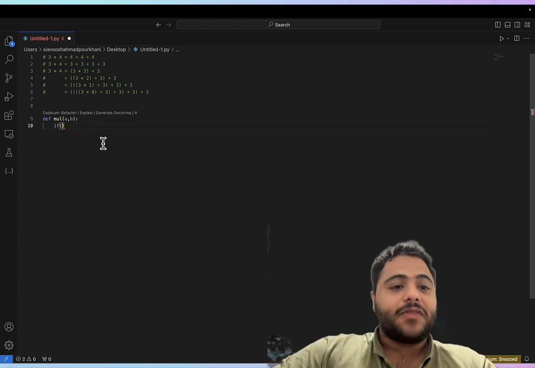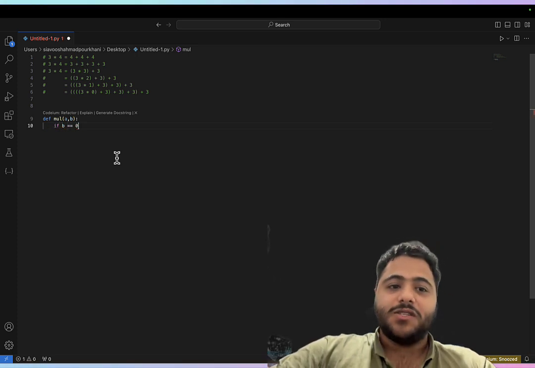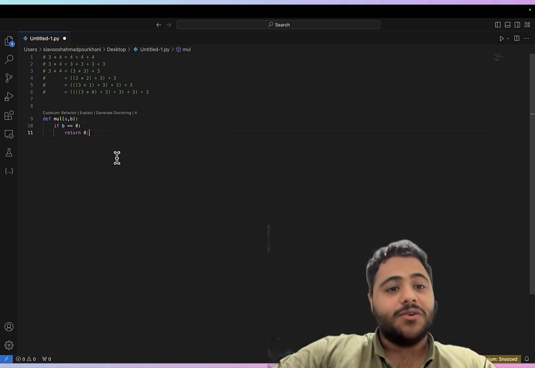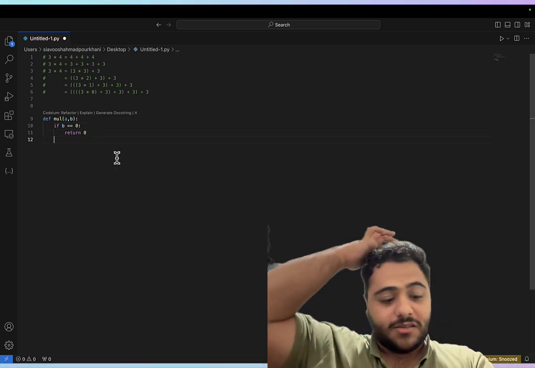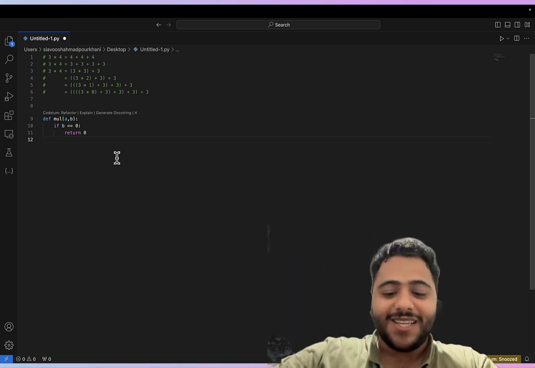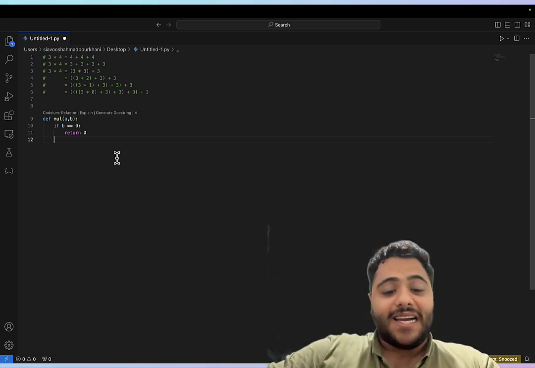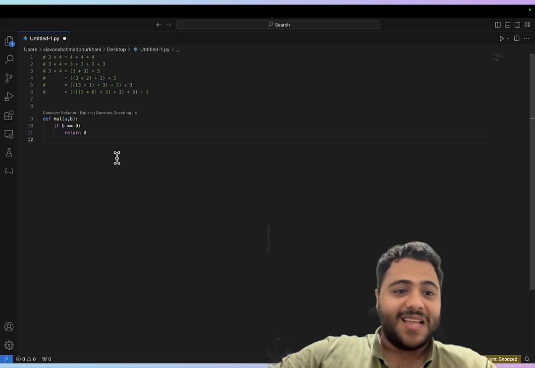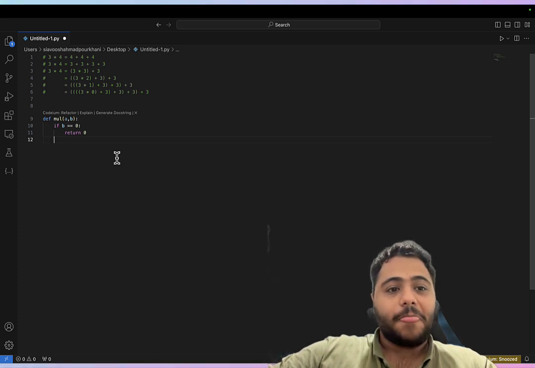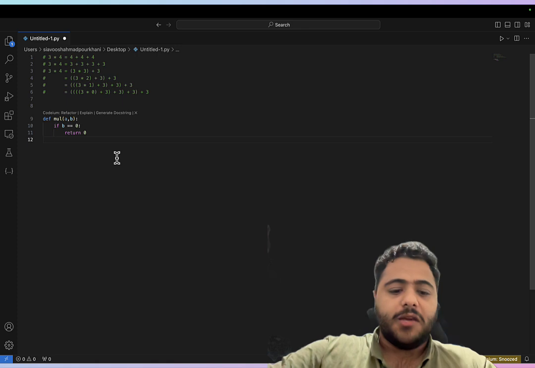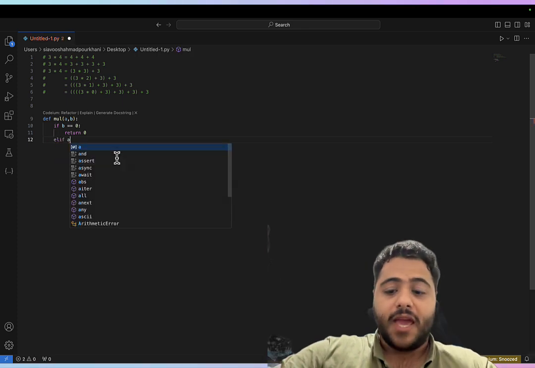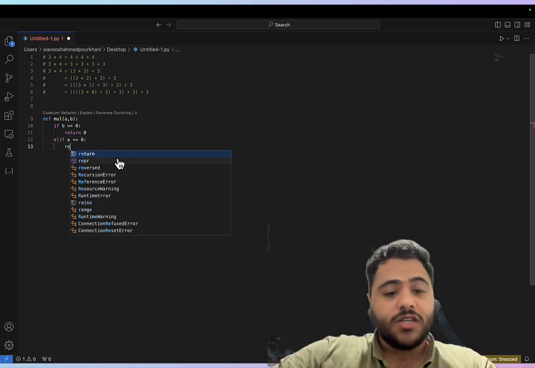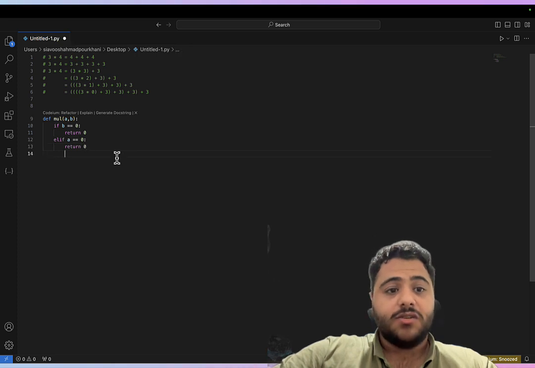If B equals 0, then the response of this multiplication is 0, so we're going to return 0 without any semicolon. Sorry, I have done a lot of PHP lately, so I can't help it with the parentheses and semicolon. Otherwise, if A was 0, then the answer is actually 0 again.